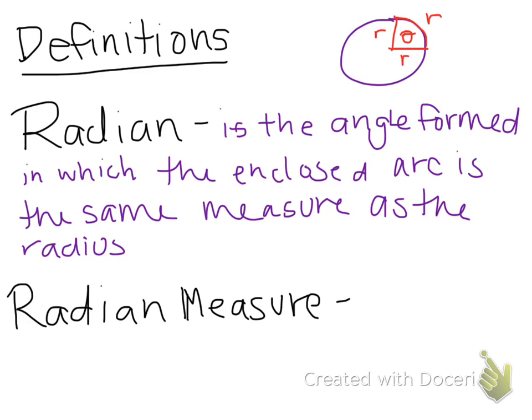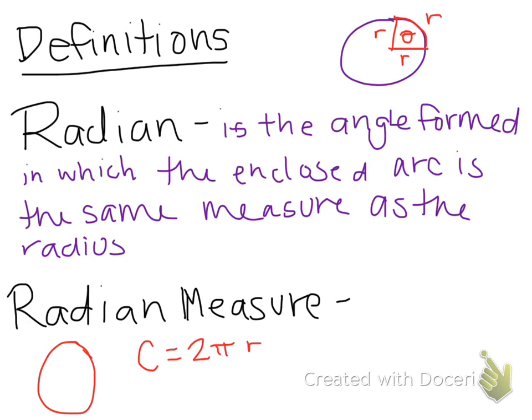So if this is 1 radian, how many radians are in a circle? Again, we're going to visualize a circle. Sorry, that's a terrible circle. The circumference is the distance around a circle, which is 2 pi r, and we discussed that the enclosed arc has to be the same measure.